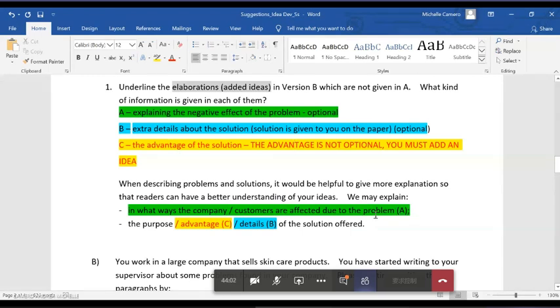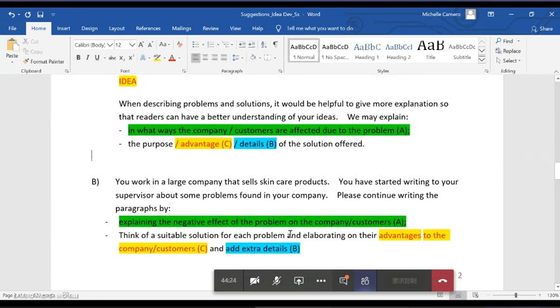So that's, again, connected to A. Do you want to explain the negative effects of the problem on the customers or the company? And then when you're talking about the solution, you are required to add the advantage of the solution, because it says right here. But if you want to add more details about the solution, you can.